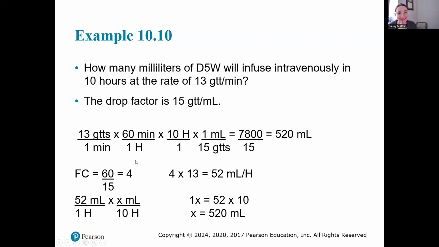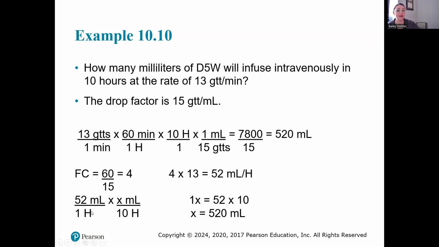All right. Now, the question is asking what? For milliliters. So for milliliters, I multiply 4 times our 13 drops to get our 52 mils an hour. I know, it's crazy, you already got milliliters per hour, okay?